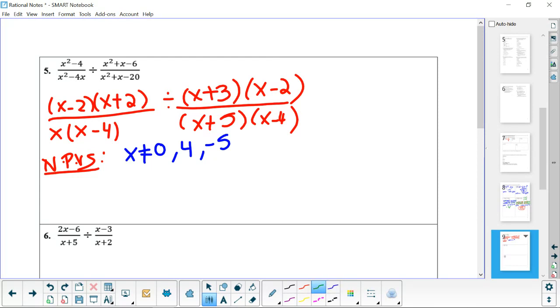So this is equal to x minus 2, x plus 2, divided by, so first part will stay the same. Now here I'm going to change division into multiplication. I'm going to flip the second part. So it means this denominator will go in the numerator and the numerator will move into denominator.